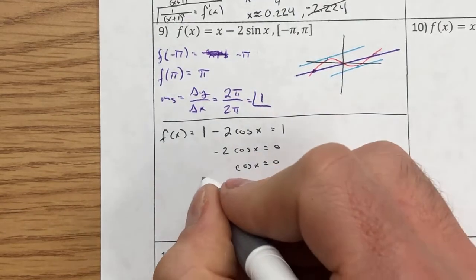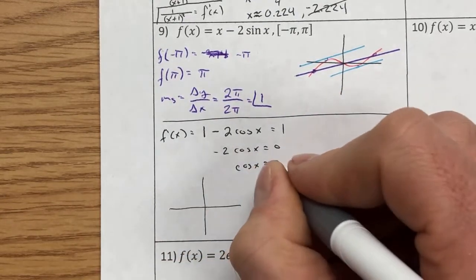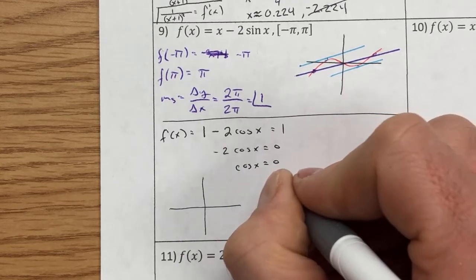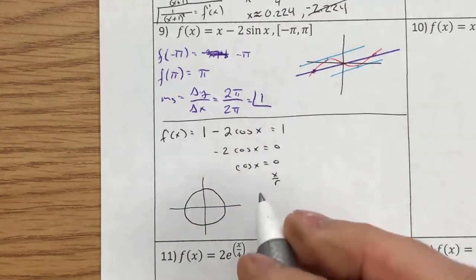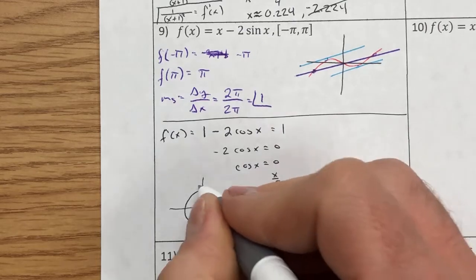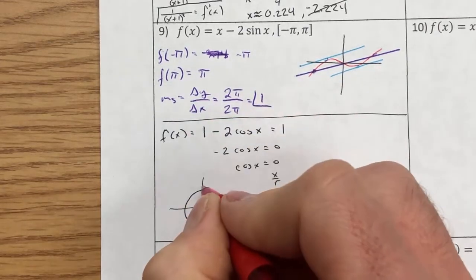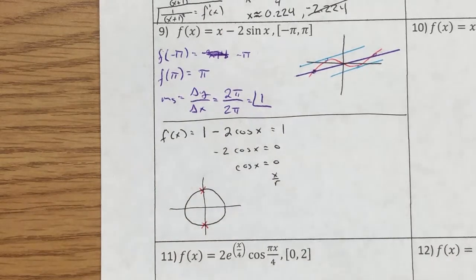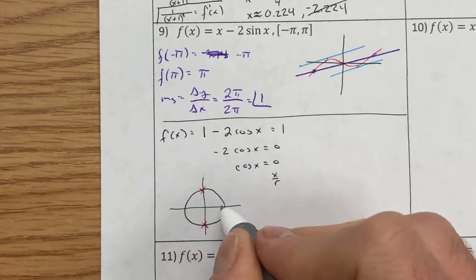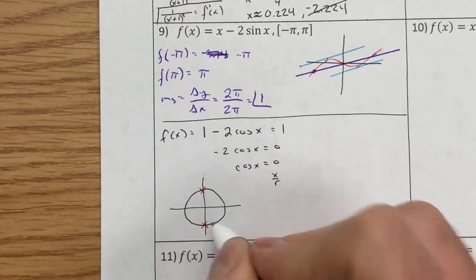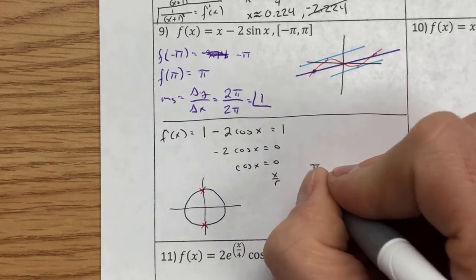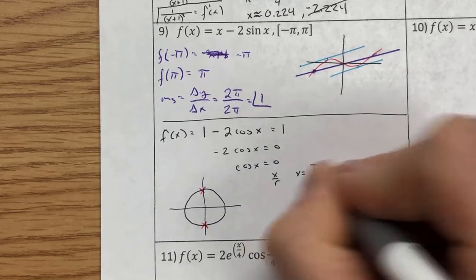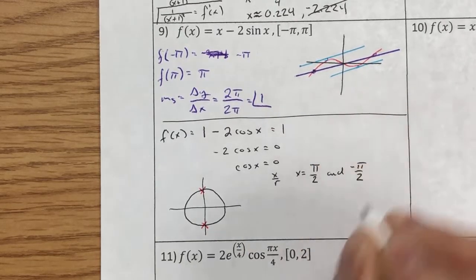We know the cos of x, if we remember, is adjacent over hypotenuse. The adjacent is the x over the radius of my unit circle. So when is the cosine equal to 0? That's going to give me a point right here and right here. If I'm only dealing with from negative pi to pi, I'm not going all the way around, I'm going forward and backward, so this is going to exist at 90 degrees, or at pi over 2, and at negative pi over 2.